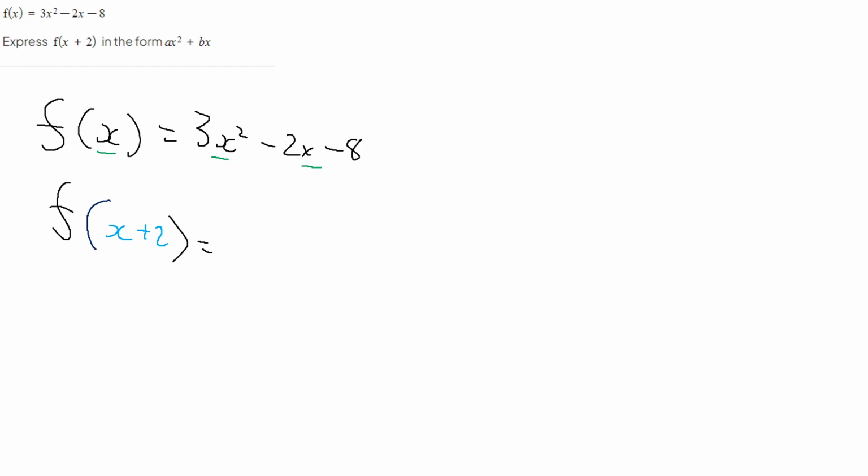Exactly. All we're going to do is just substitute in what's in here, which is 3 times x plus 2 all squared, minus 2 times x plus 2, minus 8.